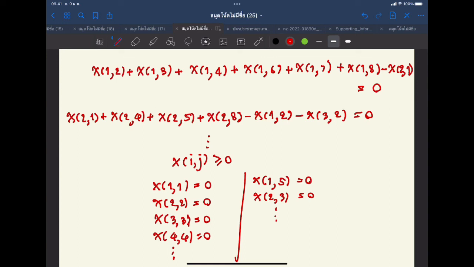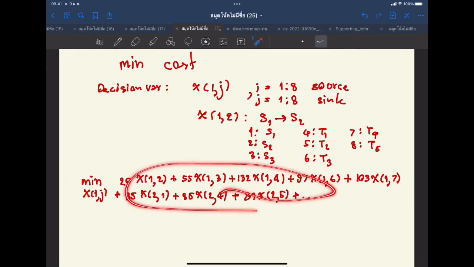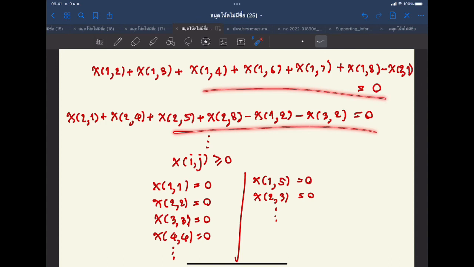You include all the constraints to the problem, then we can formulate the optimization by minimizing the cost, right? Minimize the cost here, and we have several constraints, and so on.